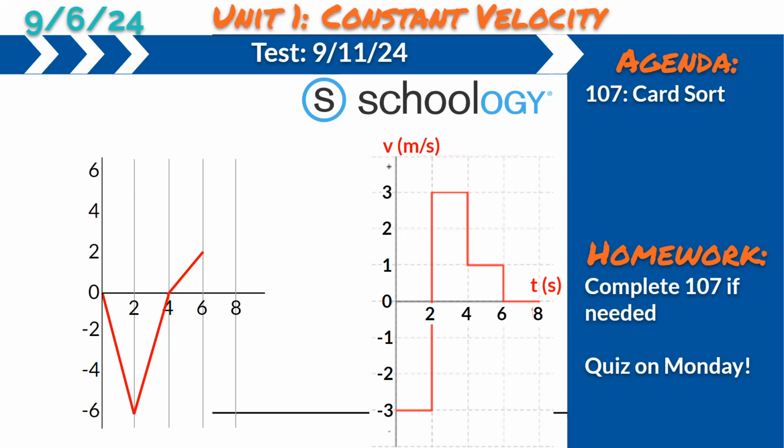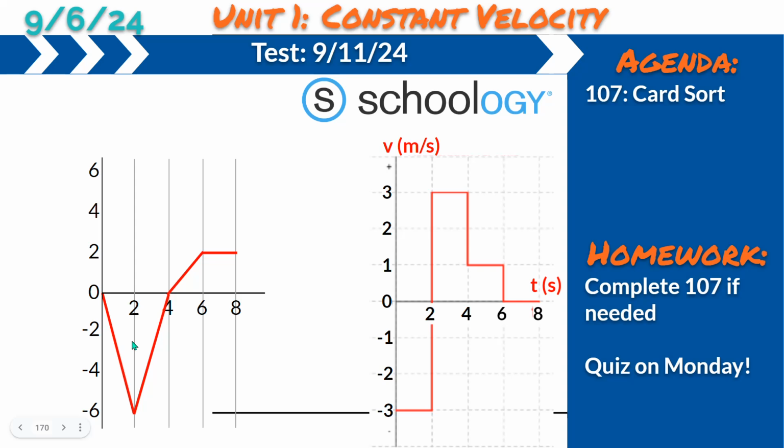So my position, which was 2 meters, is going to stay 2 meters because I'm not moving. Okay, and so this is what the matching xt graph looks like. Notice the shape is not at all the same. But it's not about the shape of it. It is about how you interpret each piece.